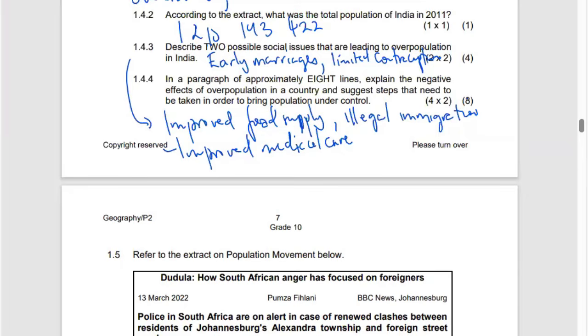For example, we look at overexploitation of resources. If we are highly populated, it means we have typical problems. Overpopulation, the effects. How does it impact? Negatively, we have overexploitation of resources.